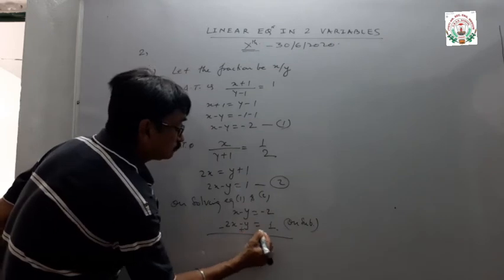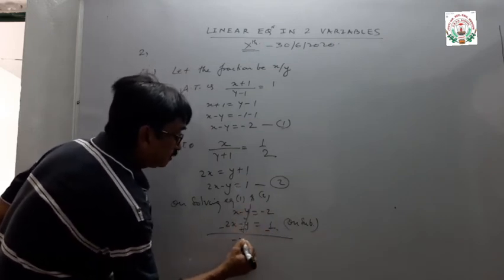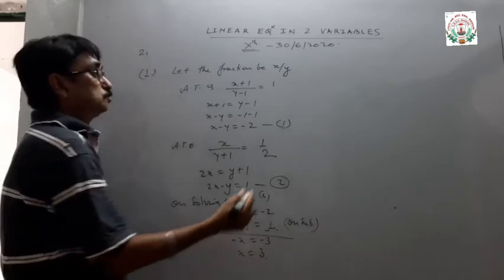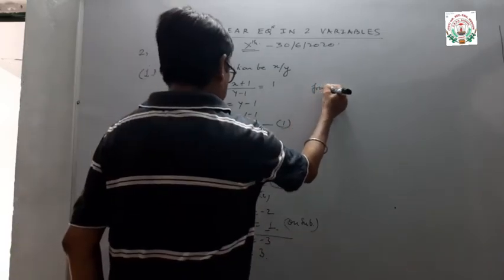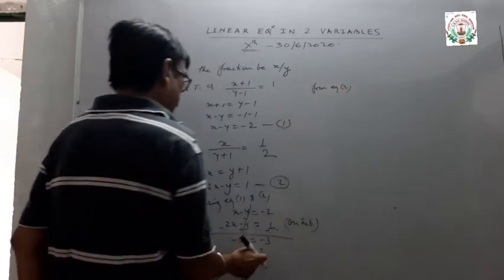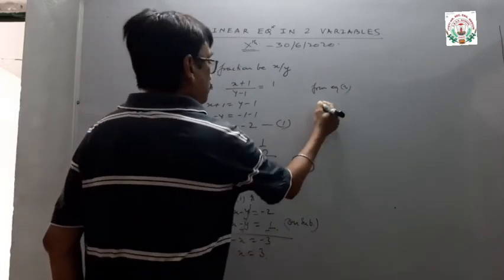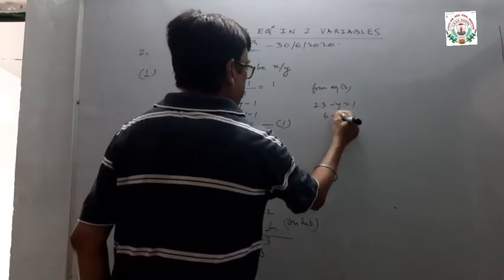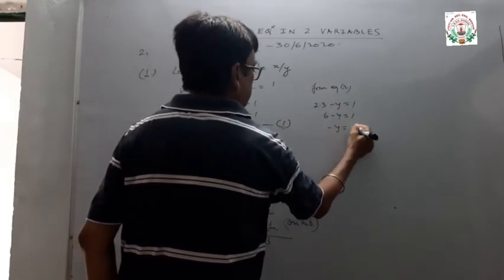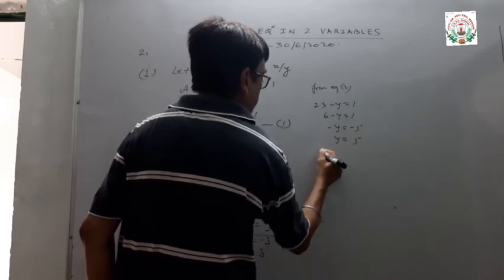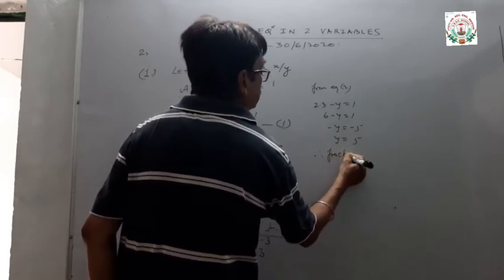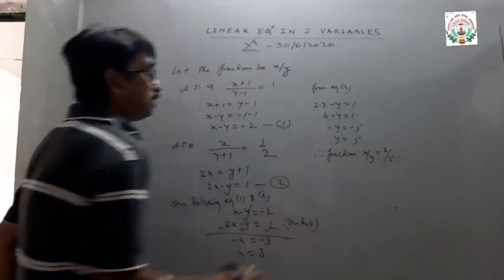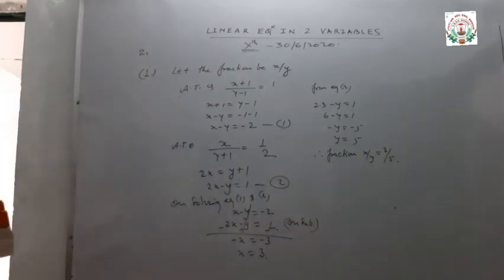Sign change, minus x equals minus 3, x equals 3. So from equation number 2, as we got x equals 3, 2 into 3 minus y equals 1, 6 minus y equals 1, minus y equals minus 5, y equals 5. Therefore our fraction x upon y is 3 upon 5, and that is our answer.